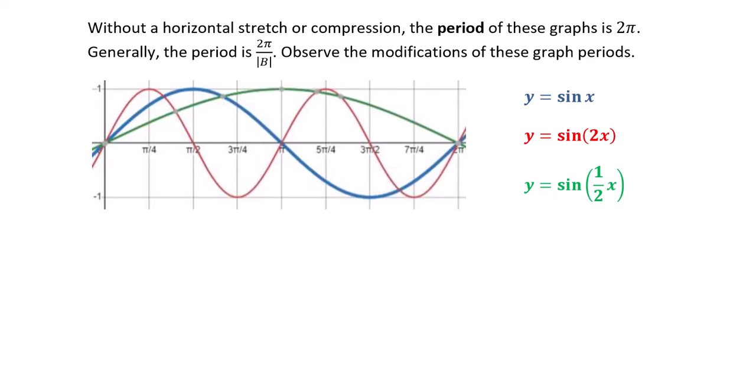So 1 complete cycle is in just pi. For the green graph, we haven't made a full cycle between 0 and 2 pi. We've only done 1 up and down cycle, but not a down and back cycle. So we have doubled the width of this graph, where the period is now 4 pi instead of 2 pi.